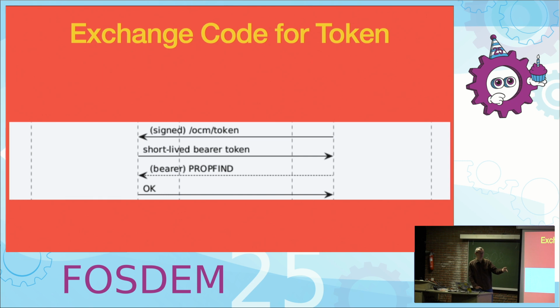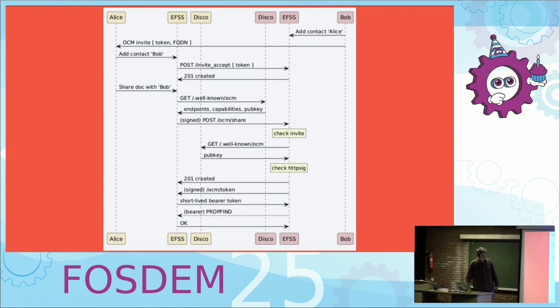So even if you would somehow make this post call to the wrong server and they would try to exchange it, then their signature wouldn't match. So that's another safety check there. And after that, you do, for instance, a WebDAV PROPFIND to access the resource. So that's another new thing we want to add. That's what it will look like if all these things are added.